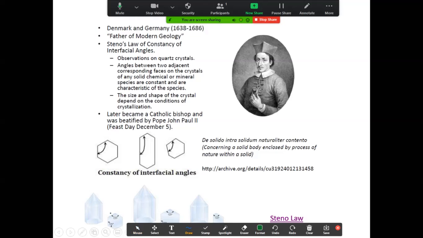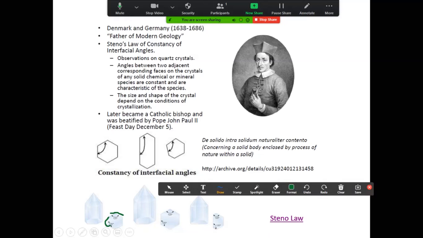We see that these two faces, the angle is 120, and these two faces as well, the angle is 120. And so I have this little brief link on Steno's law too that you can look at to get a little bit more information on Steno. So he just explained to us, or observed, that adjacent faces have the same angle between them.